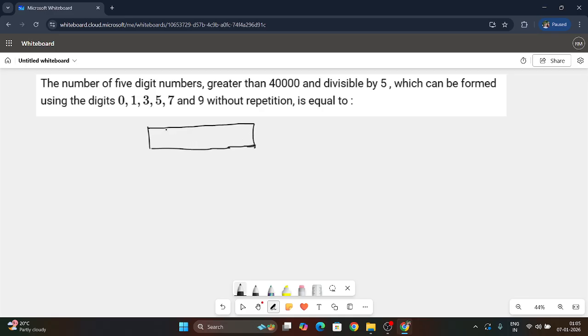1, 2, 3, 4, 5 places, divisible by 5. And which number is divisible by 5?